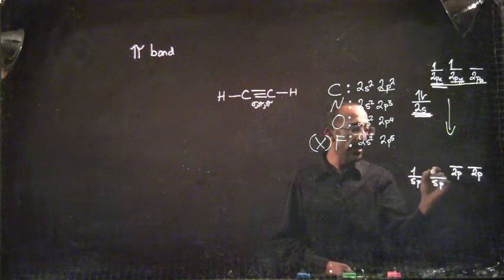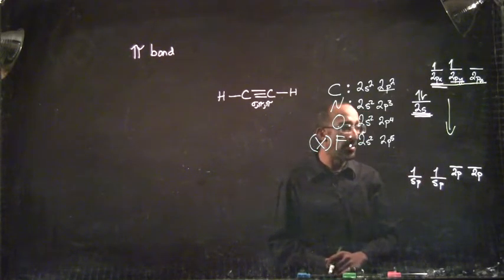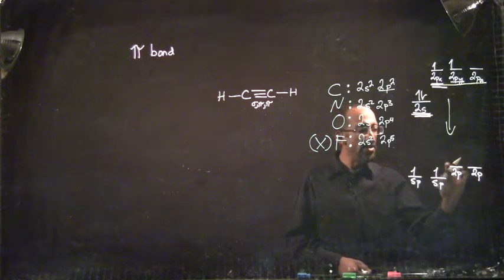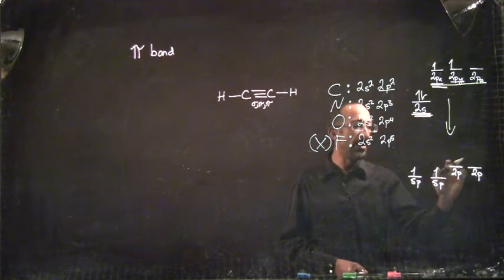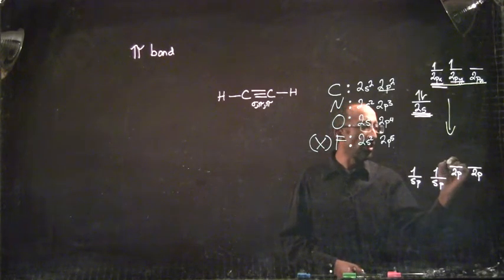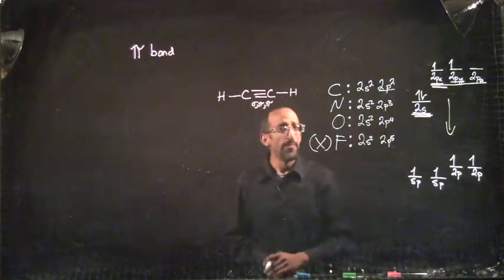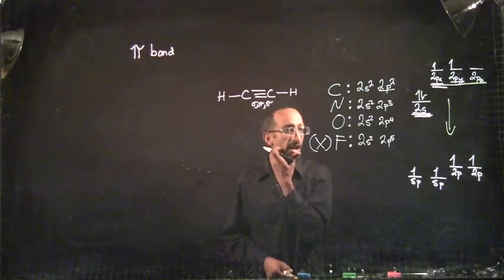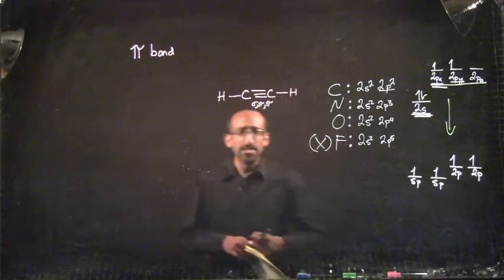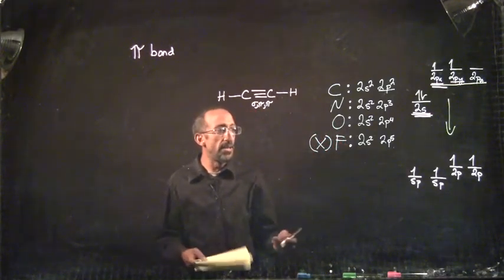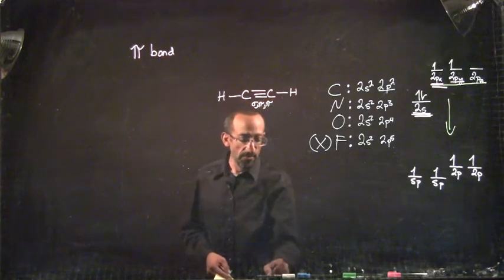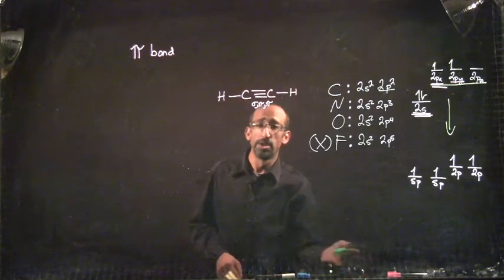One in the sp, a second in the sp, and again, this energy difference between the hybrid orbital and the unhybridized orbital is close enough that we can place one electron in each and still not be violating Hund's rule. So let's take a look at what that bonding pattern between these four atoms will end up looking like.